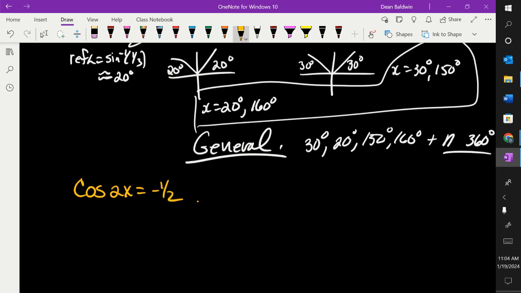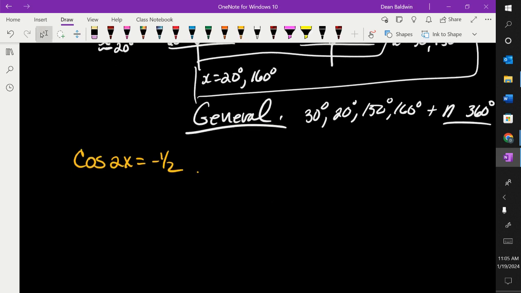That's probably going to make it more complicated. You could use a double angle, you could probably do that, but I don't want to do it this way. What do we do? Well, neither do I.